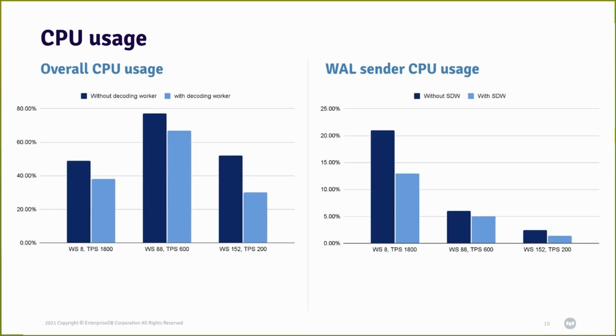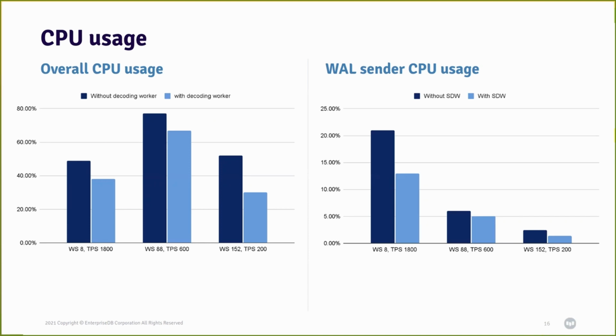As you will see, the dark bars are CPU usage without decoding worker, and the light bars are CPU usage with decoding worker and WAL senders using LCRs.